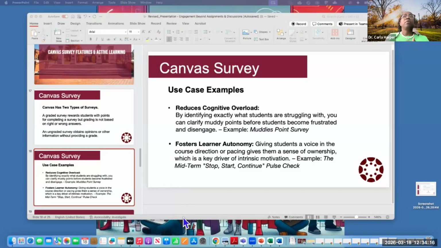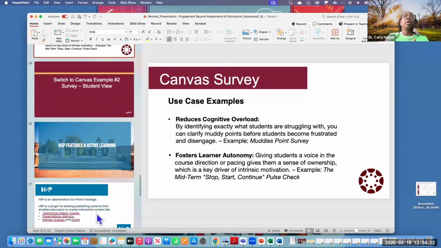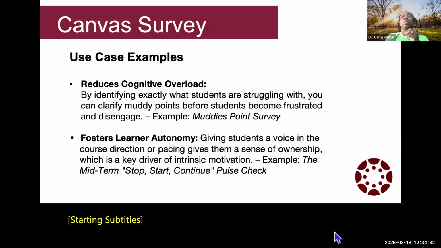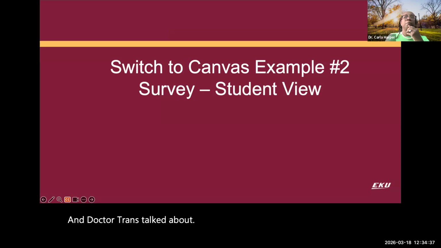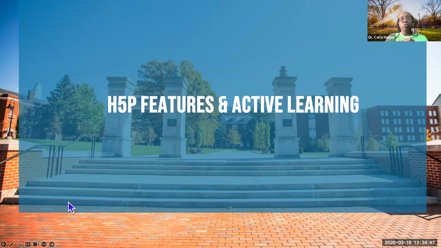I really love, and I say this as an instructional designer, tools that will allow you to make the content interactive. That is, make the students do something with the knowledge that you're sharing with them. And Dr. Trans talked about active learning, being student-to-student interaction, student-to-content interaction, and student-to-faculty interaction.